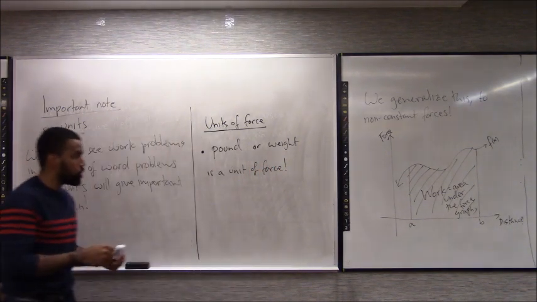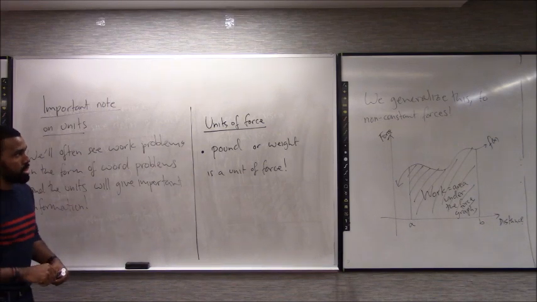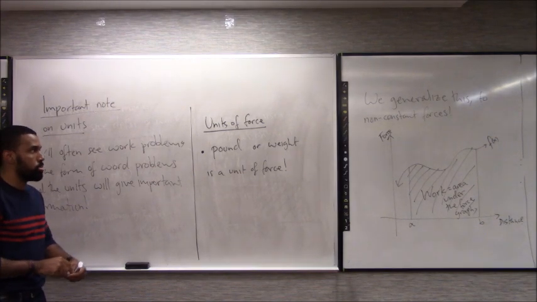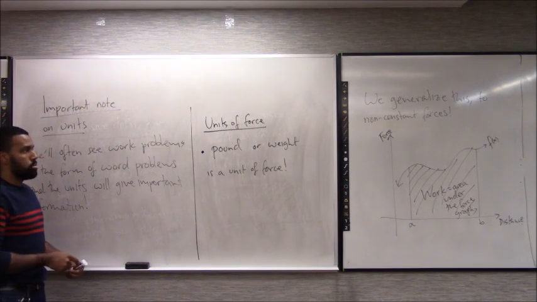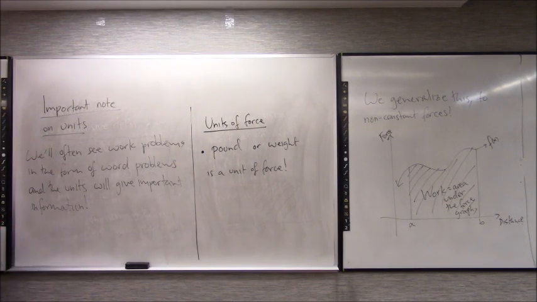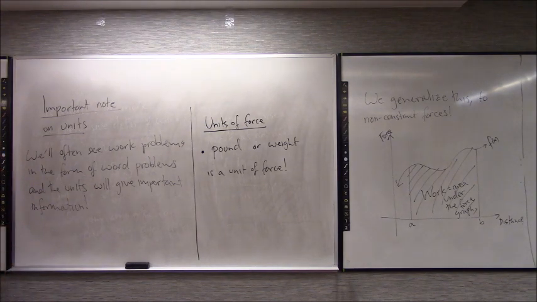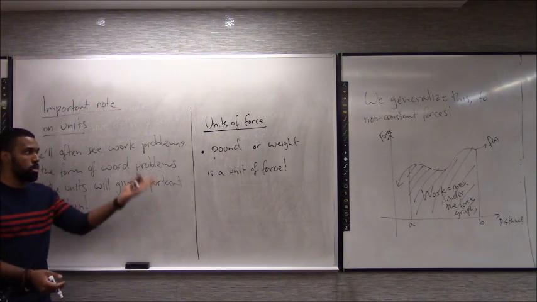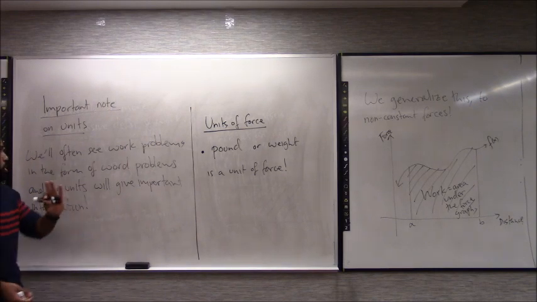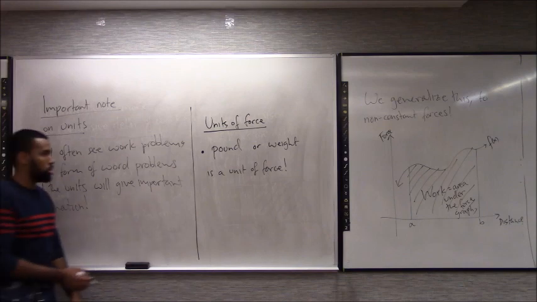So whenever you see something that's 2 pounds, it's actually not measuring the mass of something, it's measuring the force. Sometimes that is not understood. I don't think I'm going to give you any empirical units other than pounds. It's important to know that when you see pounds, it's actually measuring a force. So if something is measured in pounds, and you can come up with a formula to describe whatever thing is being measured in pounds, you can plug that straight into this formula and use that as the force function.